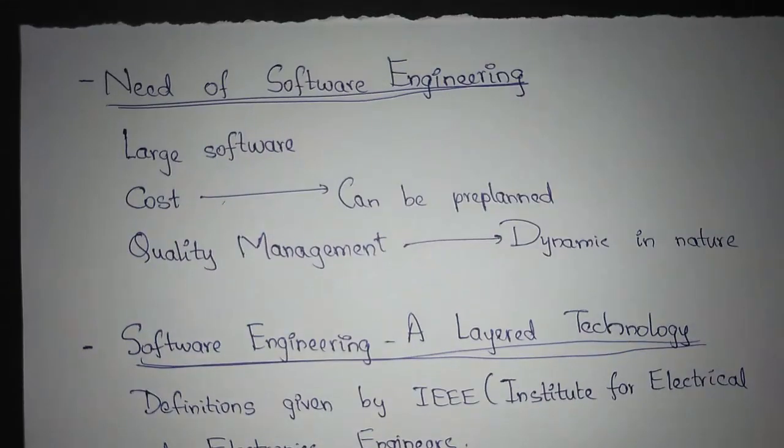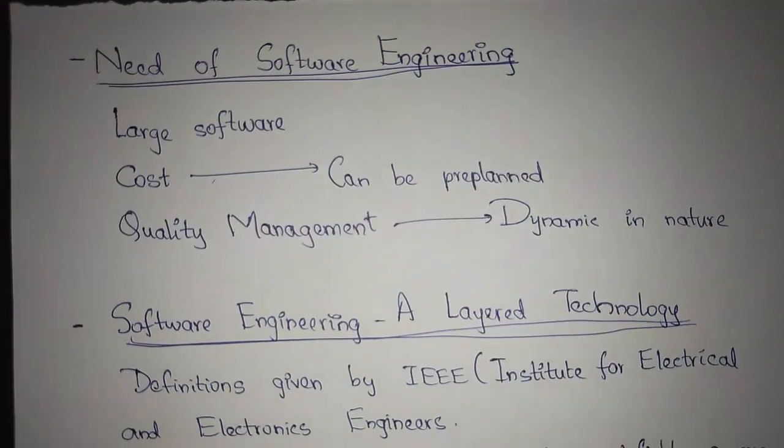And then we have the need for software engineering. Why do we need it? Software engineering was introduced to deal with large software. As the size of software becomes large, engineering has to step in to give a good scientific process. Then there is cost. As the hardware industry lowers the price of hardware, there is a need to decrease the price of software as well. Then quality management: a better process of software development provides better quality of the software product.